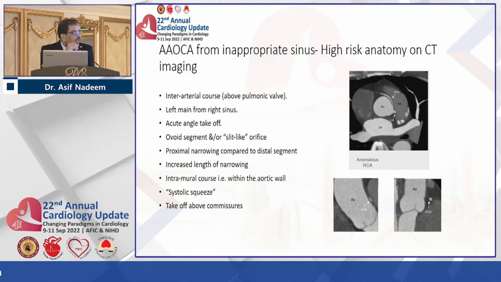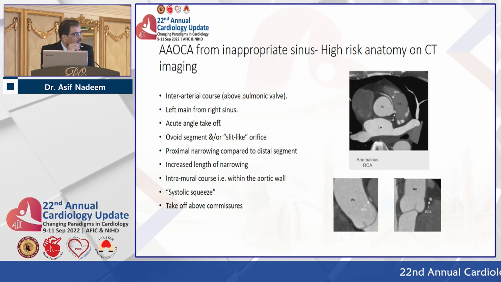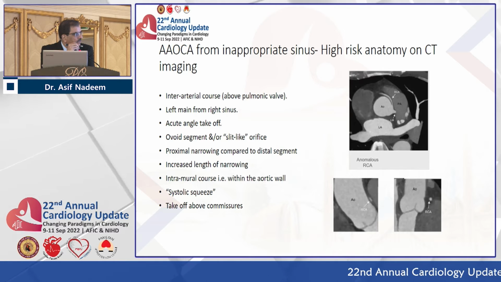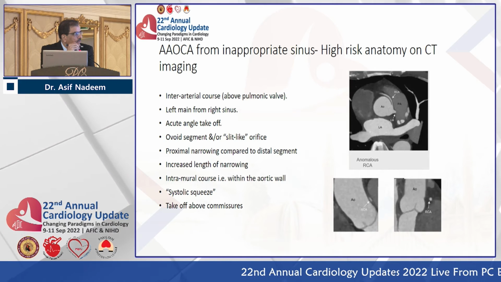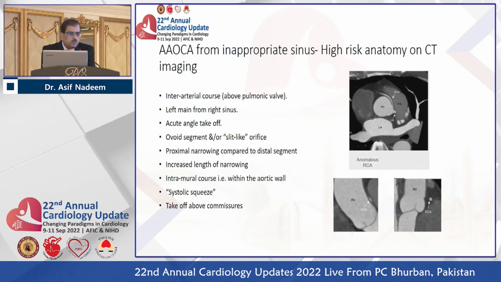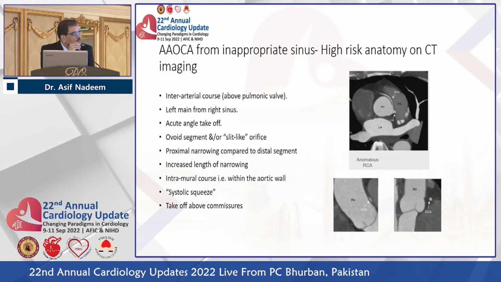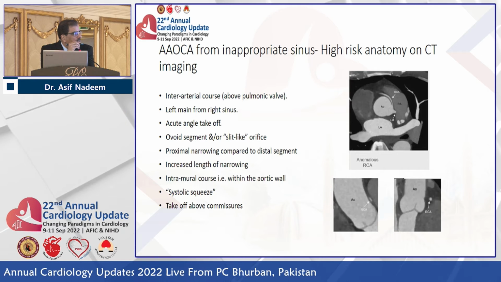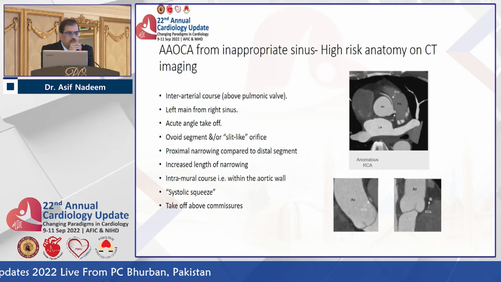Then if they have an ovoid segment or slit-like orifice like this, if we compare this with this one in short axis view, this is okay, but this slit-like origin is bad. Then proximal narrowing as compared to the distal narrowing is not good because they can have sudden cardiac death.